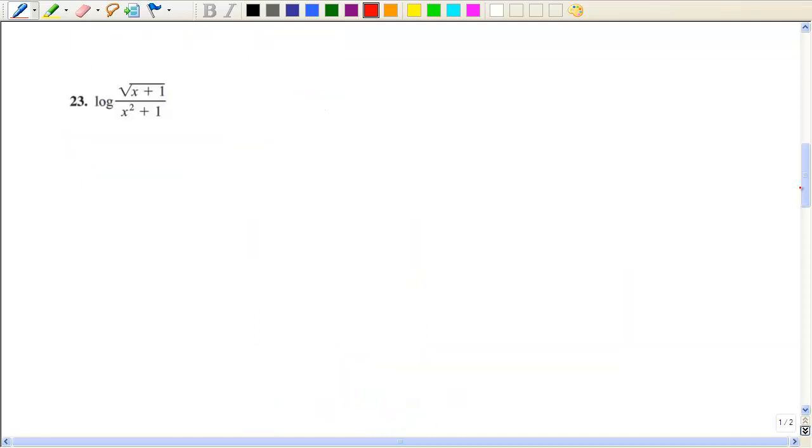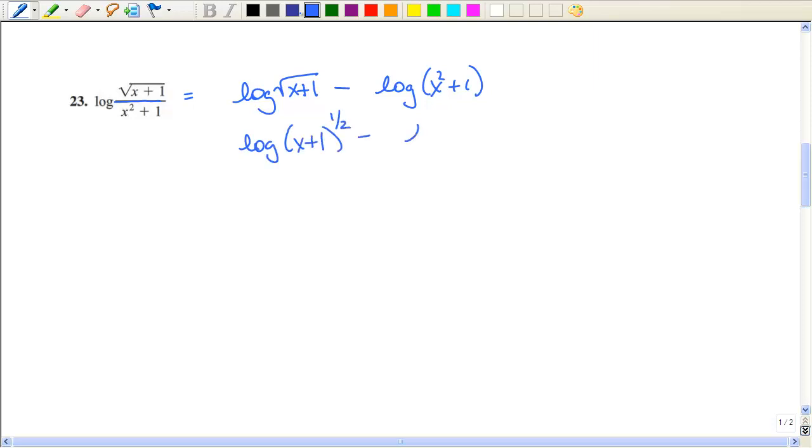Let's just look and practice a couple more. All right, so this time we have division. So the law says we can take the log of the numerator and subtract the log of the denominator. Now that looks almost finished, but as we have spoken before, our square roots are the same as the 1/2 power.